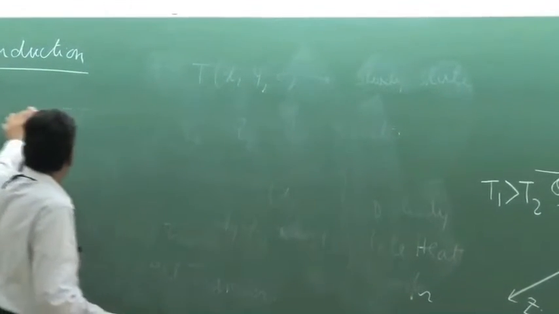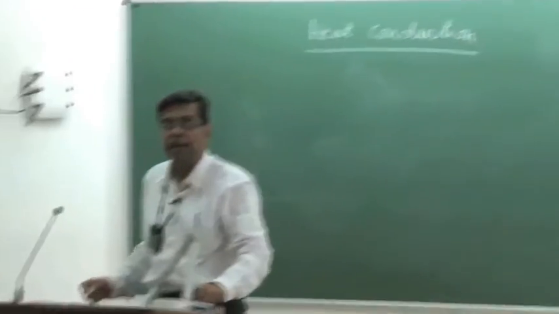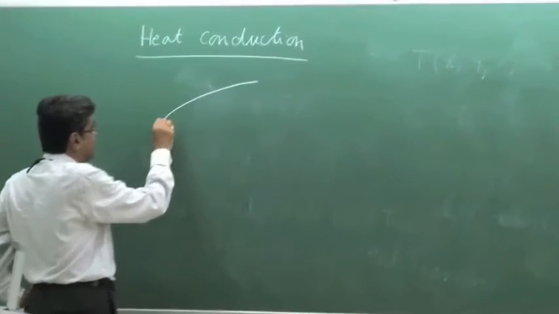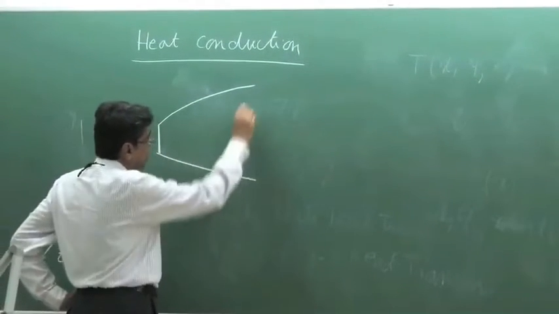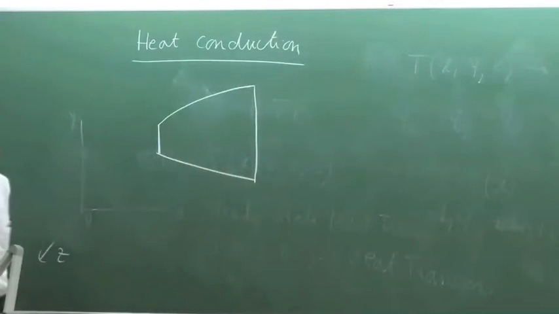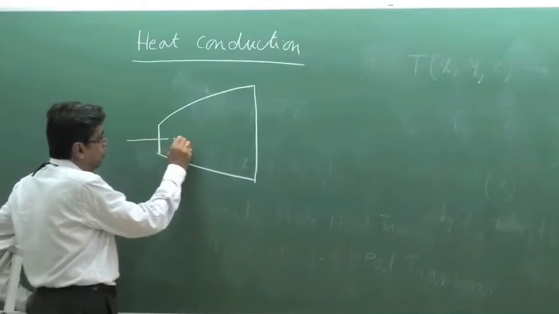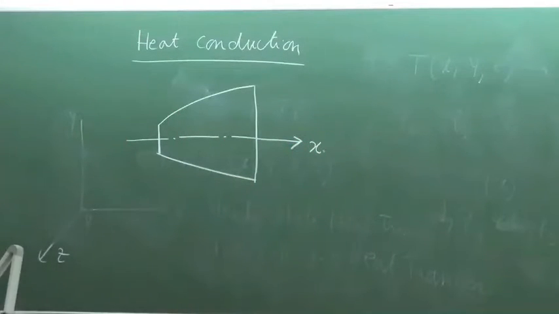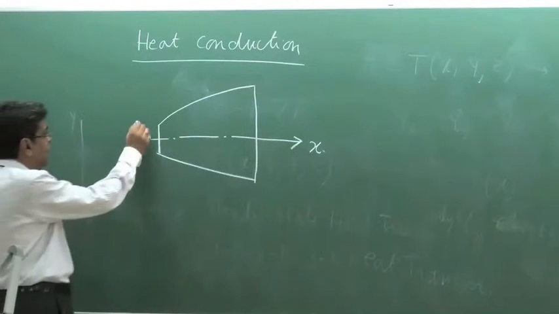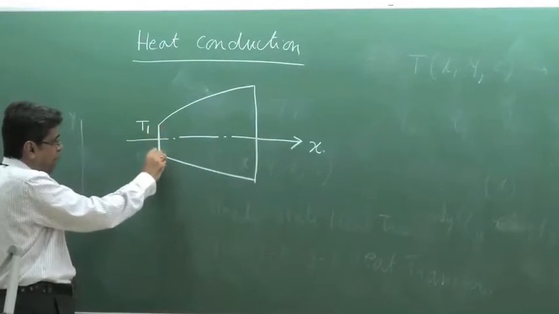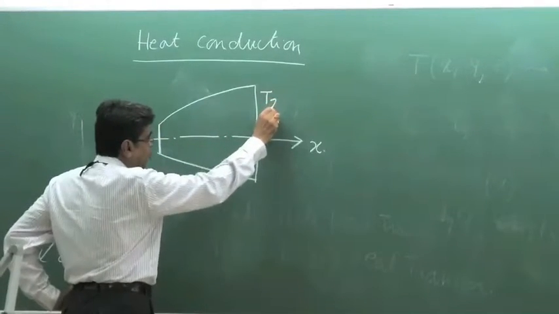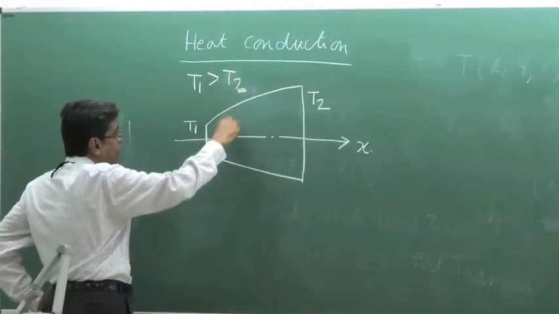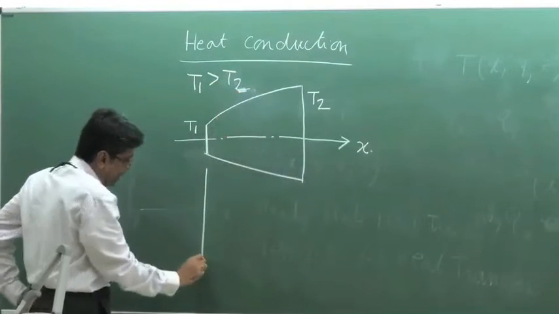Now, if we have a solid like this whose area is not constant, and if we try to conceive a one-dimensional steady state heat transfer by making this surface at a temperature T1, this is at a temperature T2, so that T1 is greater than T2, then what will be the temperature variation?